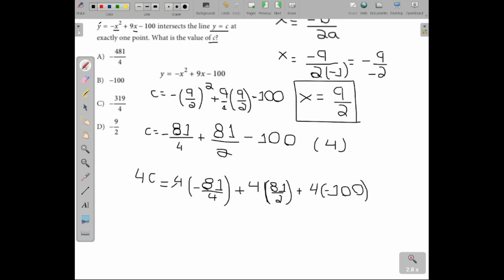Here we can simplify the 4's. So 4 divided by 4 is 1.